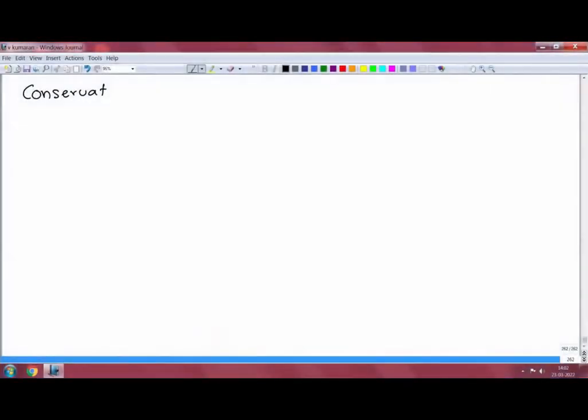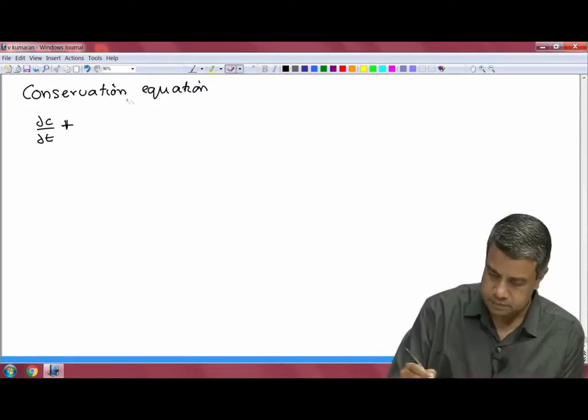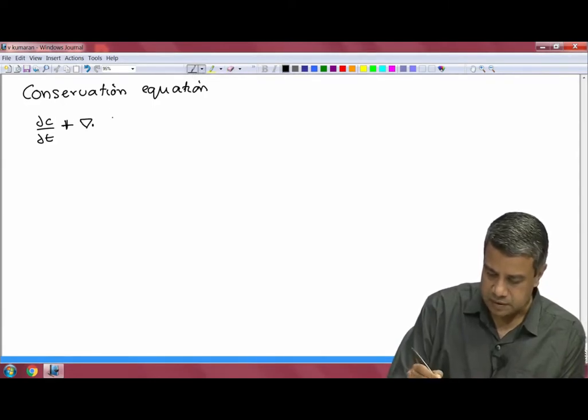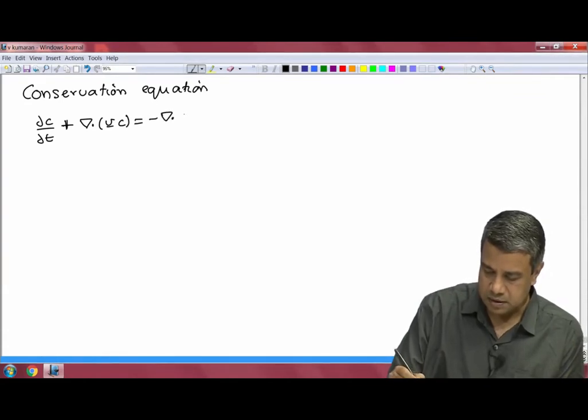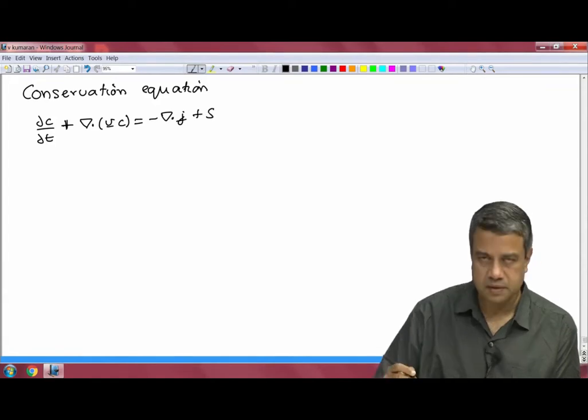So, in the last lecture, we were deriving conservation equations for mass, energy, and finally momentum. The conservation equation for mass had the general form: partial C by partial t plus the divergence of the velocity vector times C is equal to minus the divergence of the flux plus any sources.